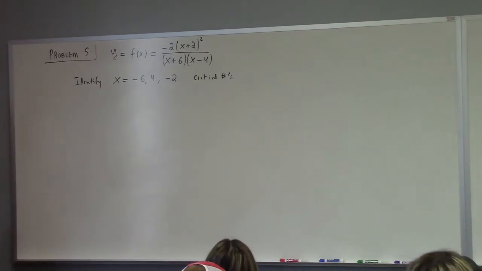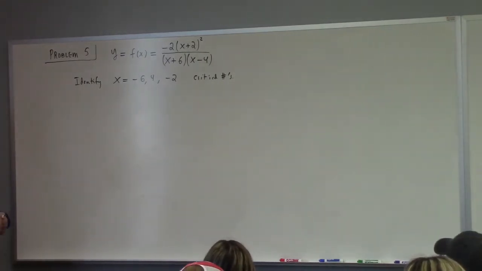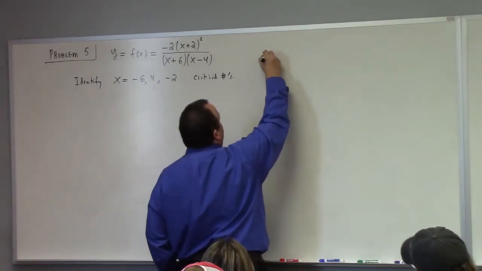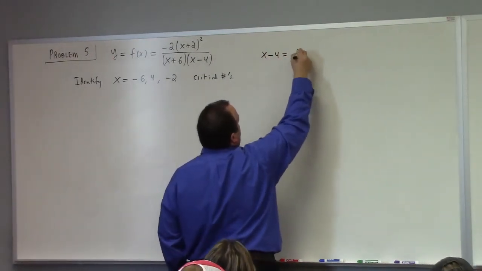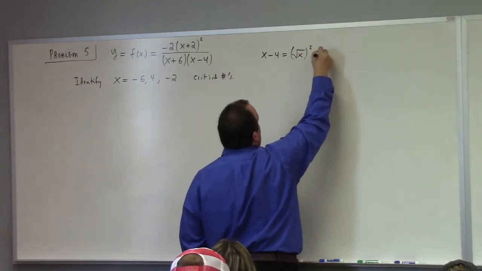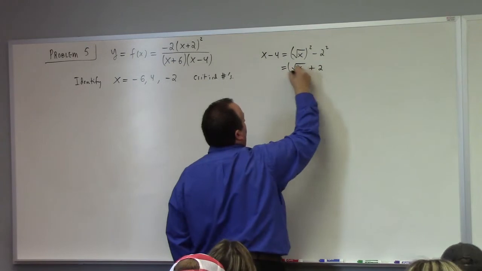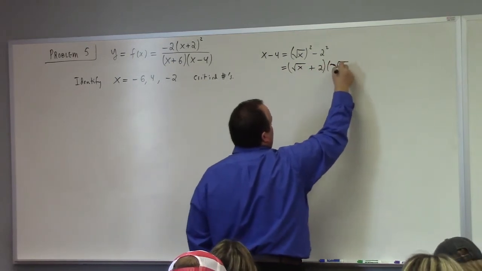How would you factor it? No. Because the only way I can factor is x minus 4, but you're not going to like it. Right, but you don't want me to do that.